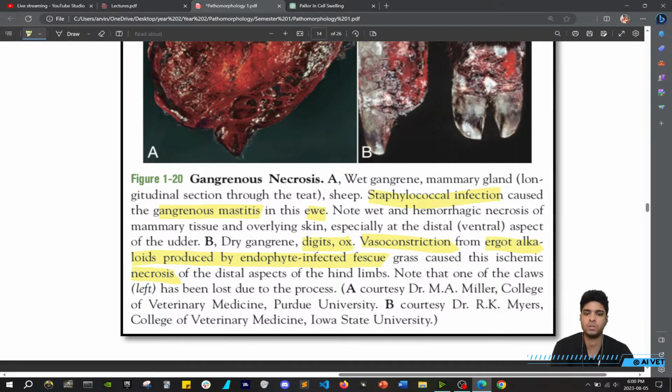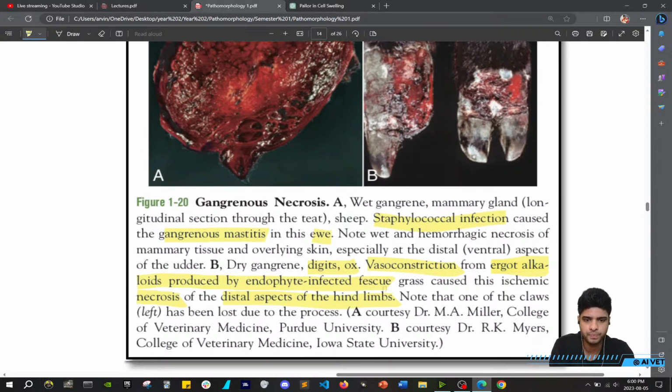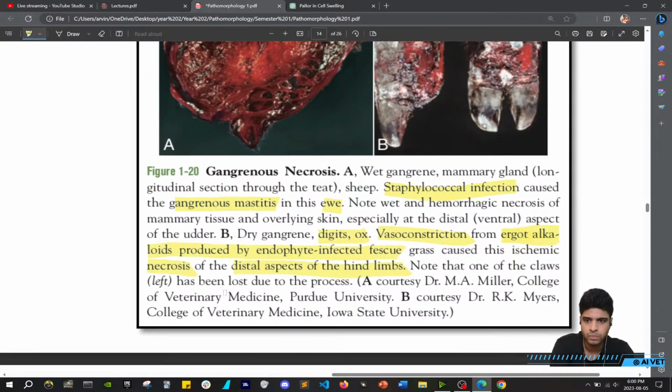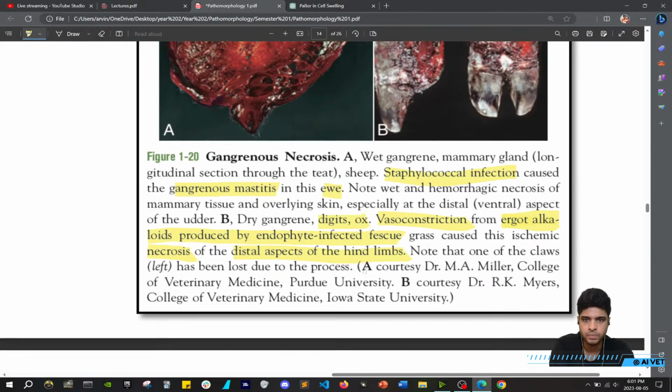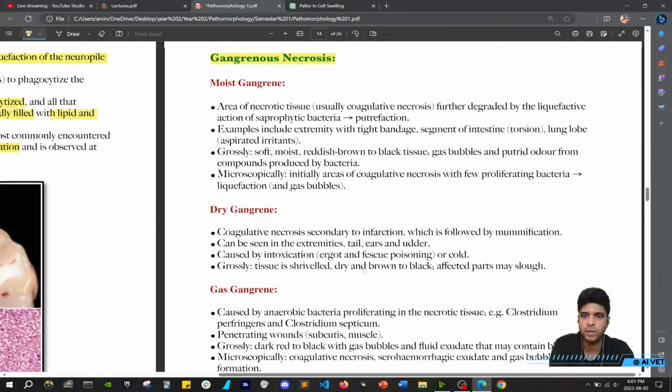Ergot is produced by certain plants as a toxic substance, in the distal aspects of the hind limb. One of the claws is also lost during the process, if you can see here. So, moving on.